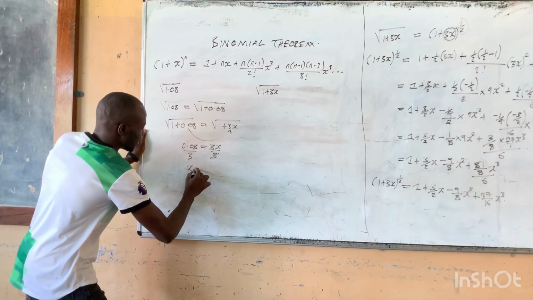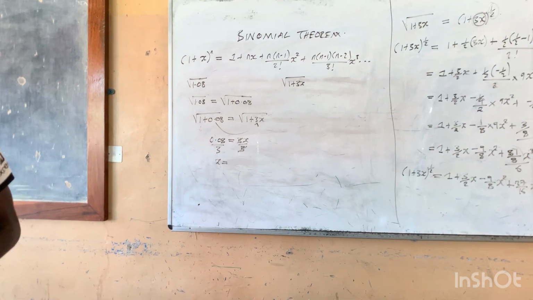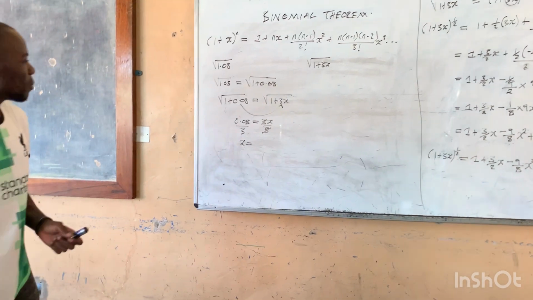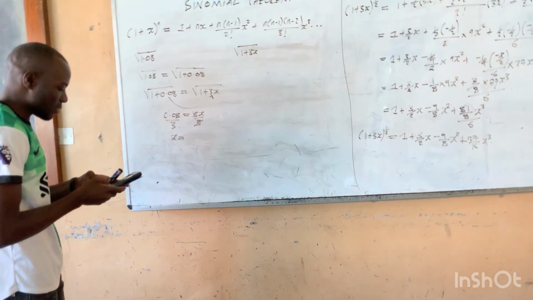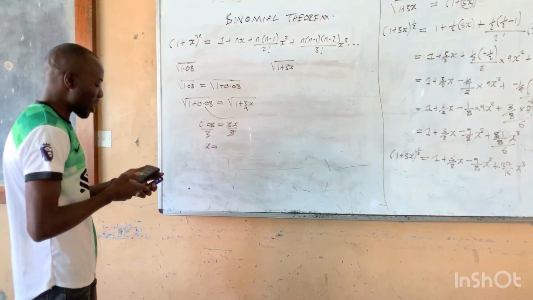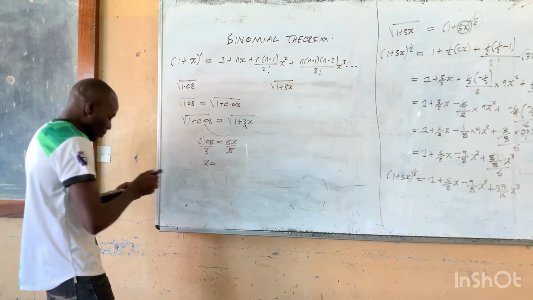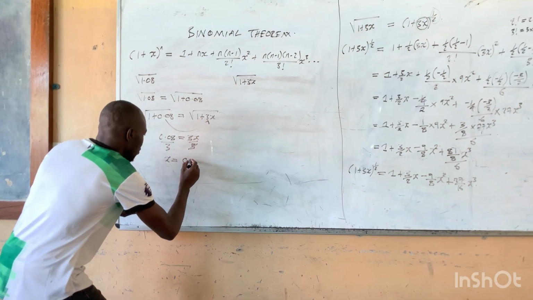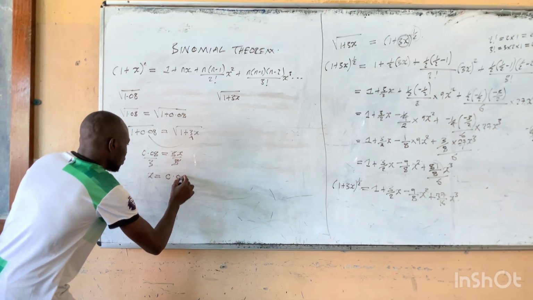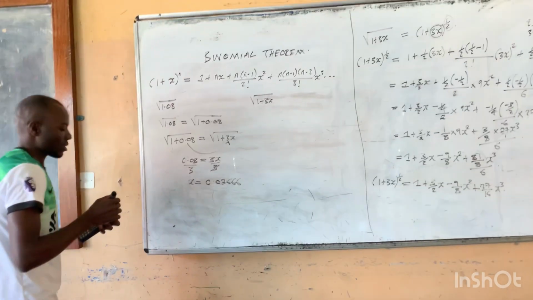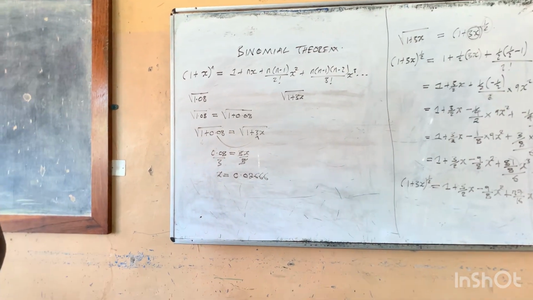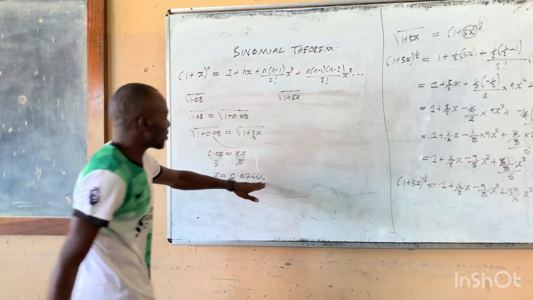So x is equal to 0.08 divided by 3, and we are getting 0.02666. Okay, the 6s are recurring, so we can just take them up to that point.